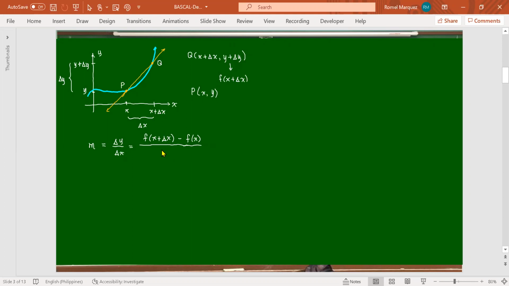This is over delta x, the difference between x plus delta x and x, which is delta x. So x sub 2 minus x sub 1 is delta x. Again, this is the slope of that secant line.